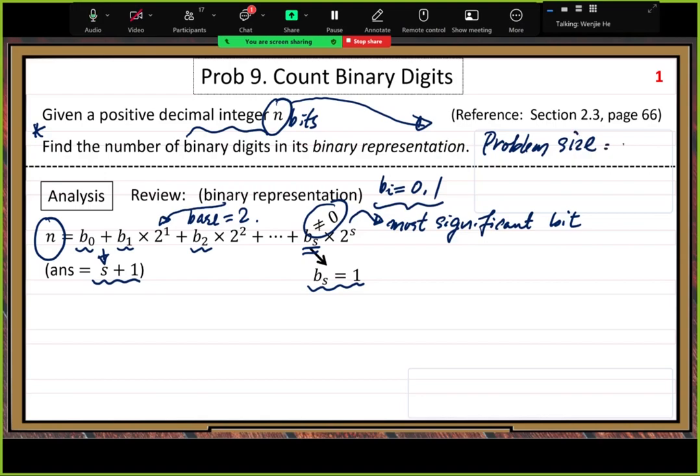The problem size here is that n. We saw this concept before, the problem size concept, but at that time the old meaning was the number of elements in the array.